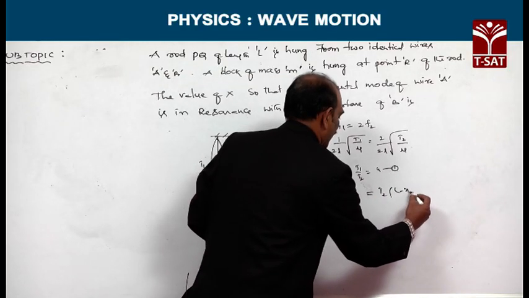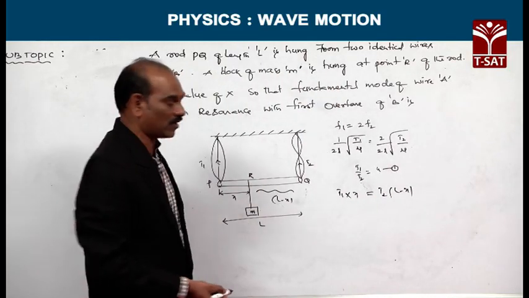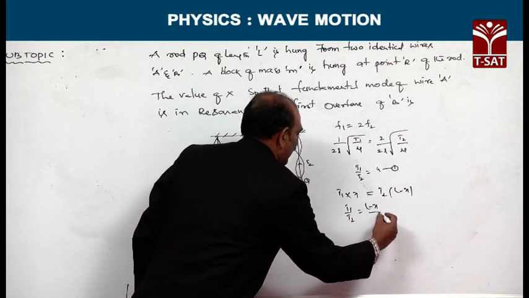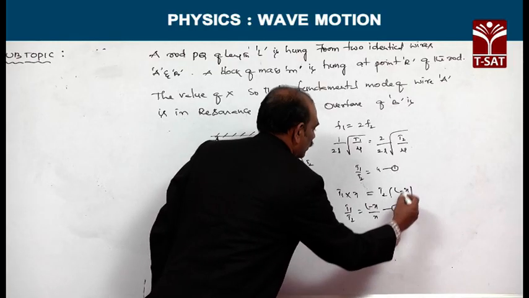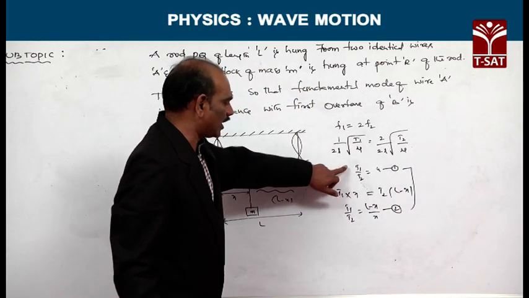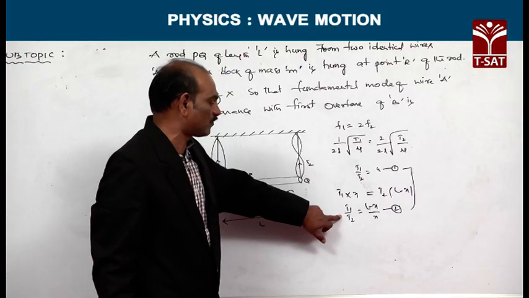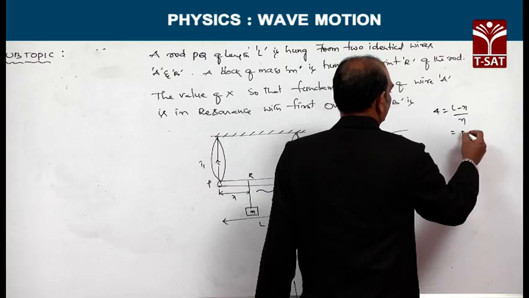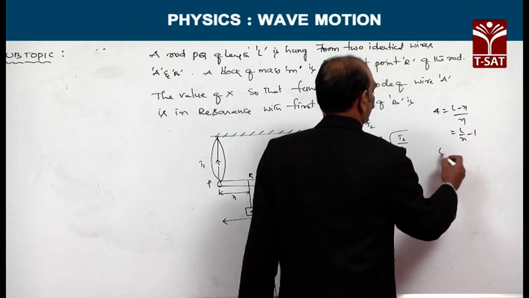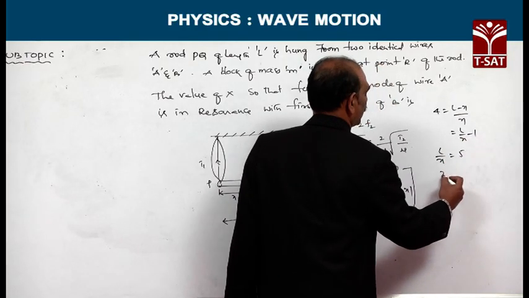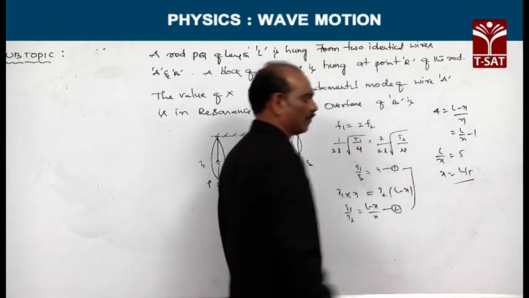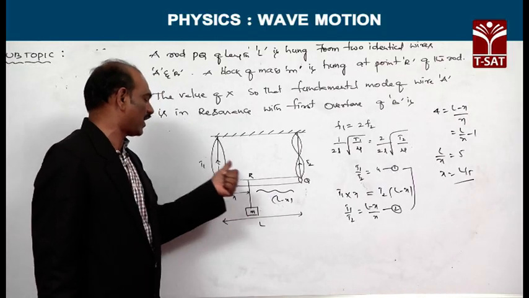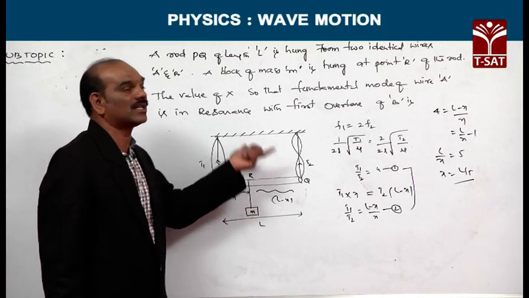So T1 into x is equal to T2 into L minus x. Clockwise moments are equal to anticlockwise moments. From this, T1 by T2 is equal to L minus x by x, equation 2. From equations 1 and 2, replace T1 by T2 with 4. So 4 is equal to L minus x by x, which is L by x minus 1. From this, L by x is equal to 5, so x is equal to L by 5. This means we have to place the block of mass m at a distance of L by 5 from the end P, so that the rod is in equilibrium.